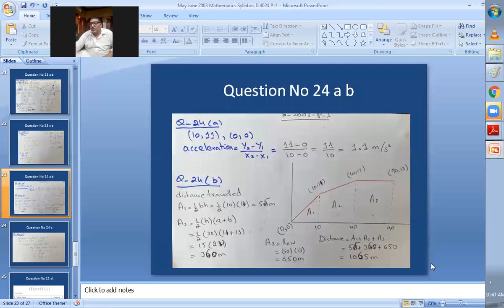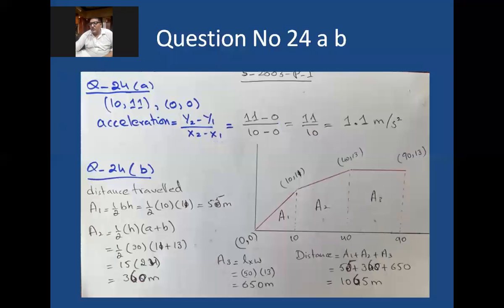Okay. So in the first portion, you can see only 55 meter was covered. So I'm looking for the time where 1000 meter was completed. In the second portion, 360 meters. So 360 plus 55, it's 400 something.